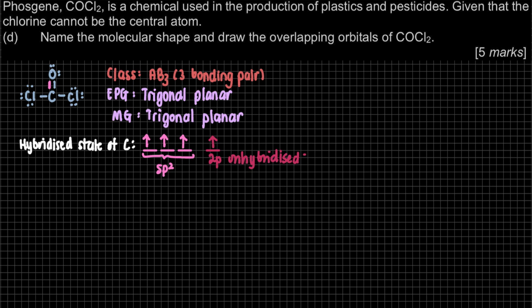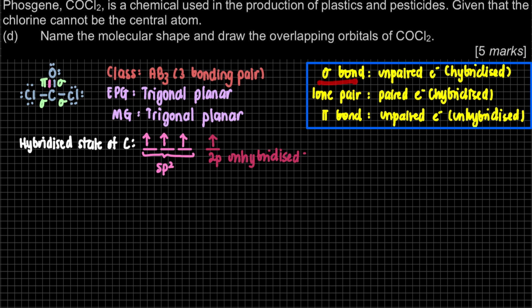Again, why? Because in the case of COCl2, carbon has 1, 2, 3 sigma bonds, and it has 1 pi bond. For each sigma bond, it means we have an unpaired electron which will be hybridized. Carbon 1, 2, 3, this one. And then carbon has a pi bond as well, an unpaired electron for the unhybridized. So that is for the carbon.